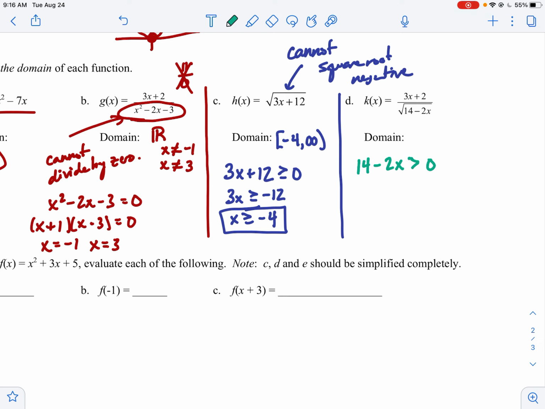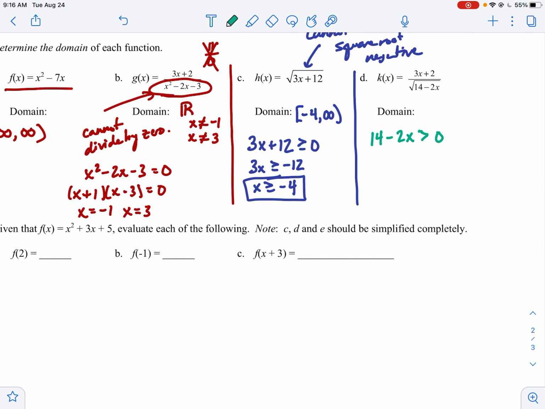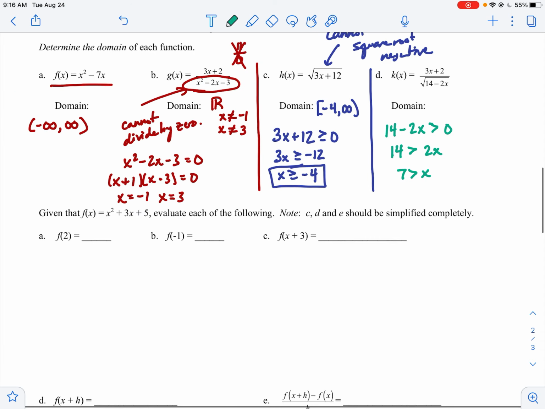Because if I were to equal it to 0, then I'd be dividing by 0, and that's bad. Right? So if I solve this, I can add the 2x over, divide by 2. So I get when x is less than 7. There's my domain. So what I'm allowed to plug into this toaster is anything from -infinity up to 7.